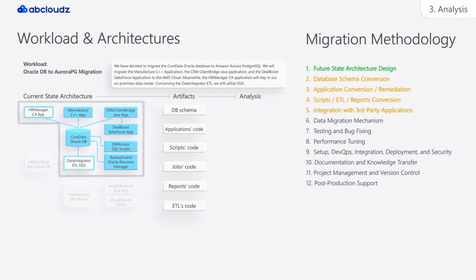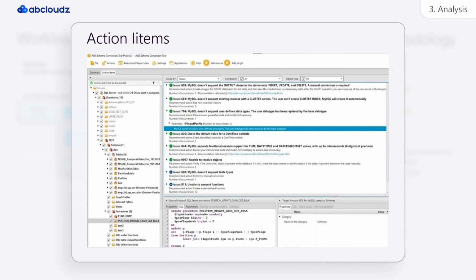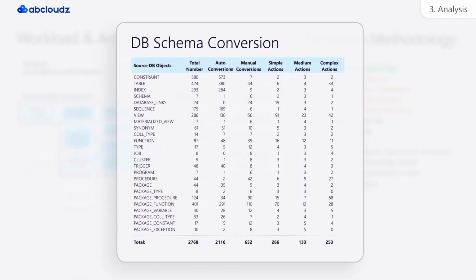For this purpose, we'll leverage a WSSCT that provides thorough migration assessment reports that include conversion automation details of the analyzed components. These reports highlight potential issues and technological risks inherent to the project. In one of these migration reports, for the Oracle database, you can observe various database object types, such as constraint, table, index, among others.